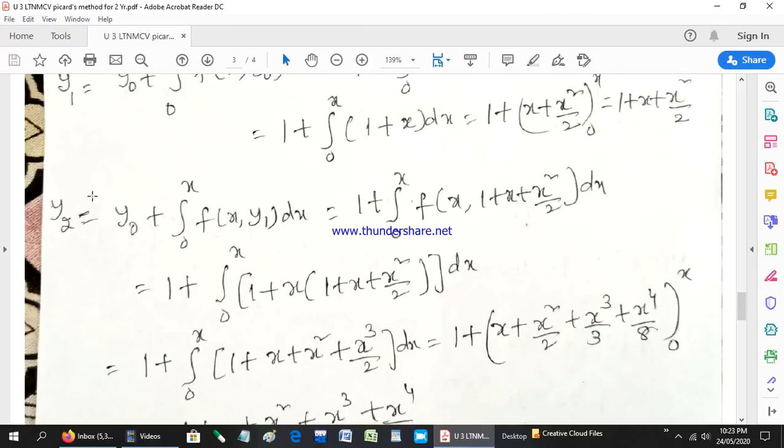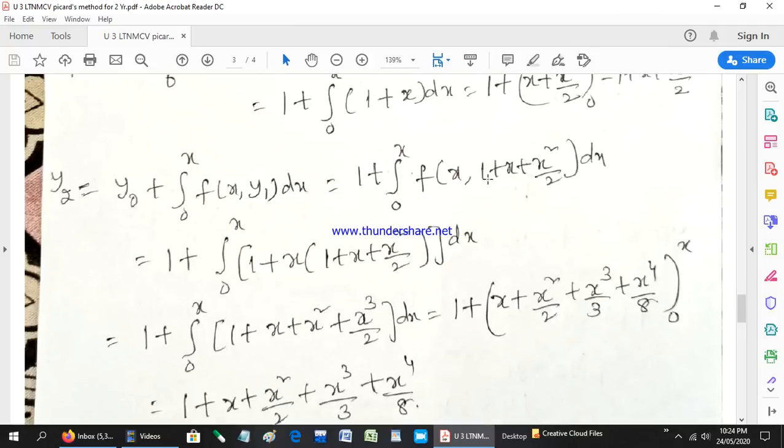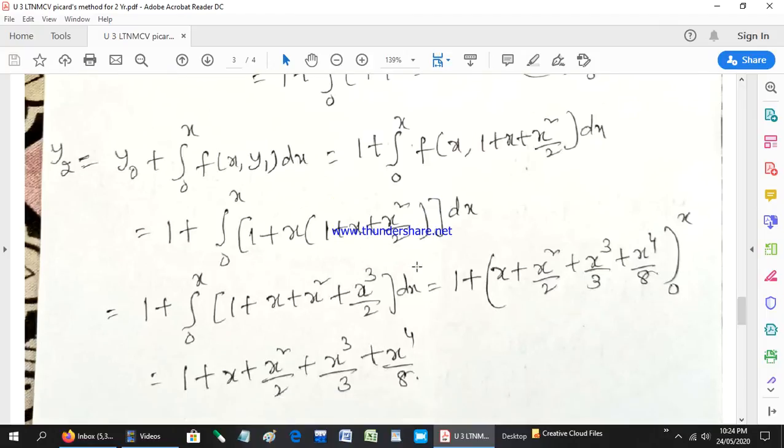Now based on this, we go for the second approximation. y2 is equal to y0 plus integral 0 to x f of x, y1 dx. So 1 plus integral 0 to x f of x, y1, where y1 is 1 plus x square by 2. Now this is the y value, and the function is 1 plus xy, so 1 plus x into this value 1 plus x square by 2.